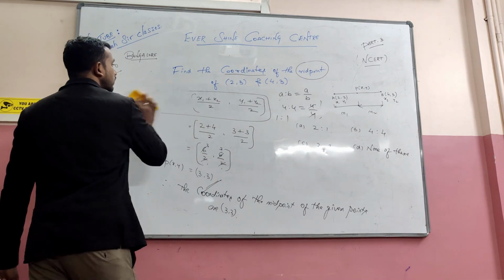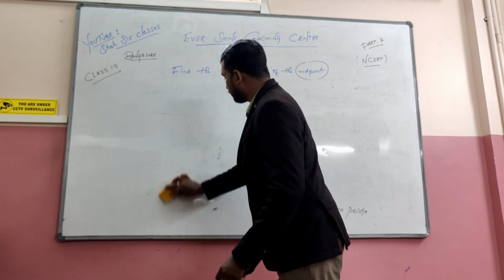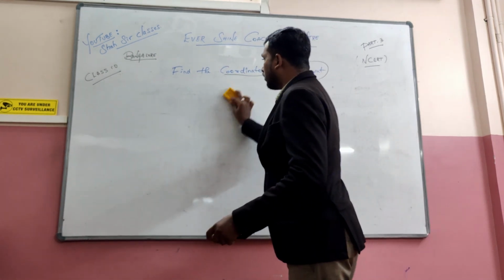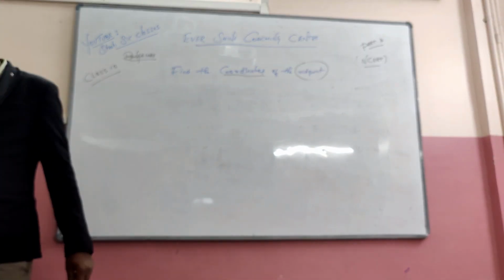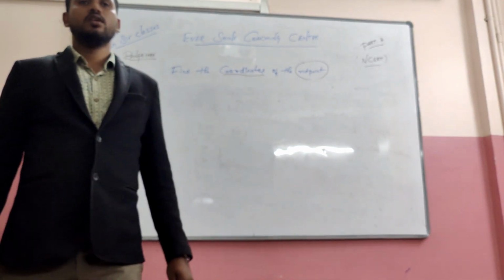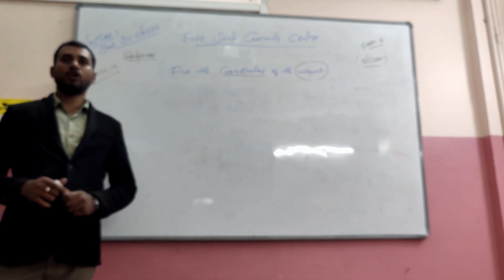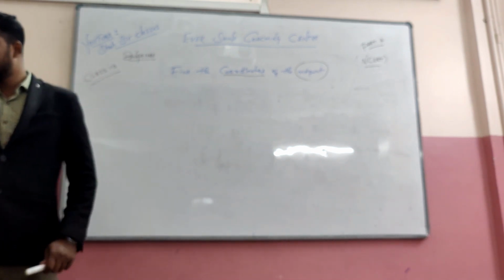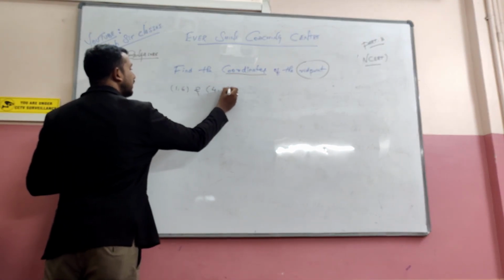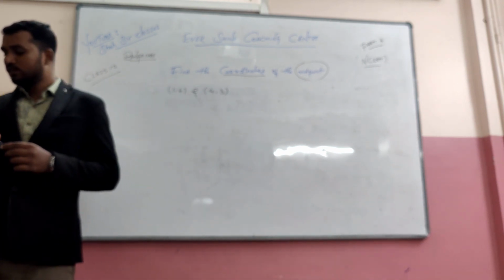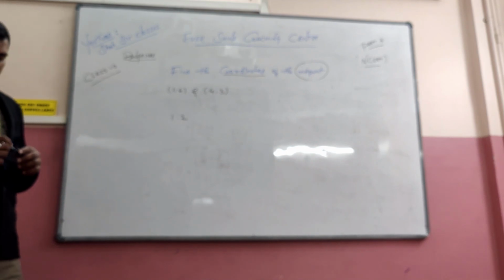Find the coordinates of the point which divides the line joining the points 1, 6 and 4, 3 in the ratio 1:2.